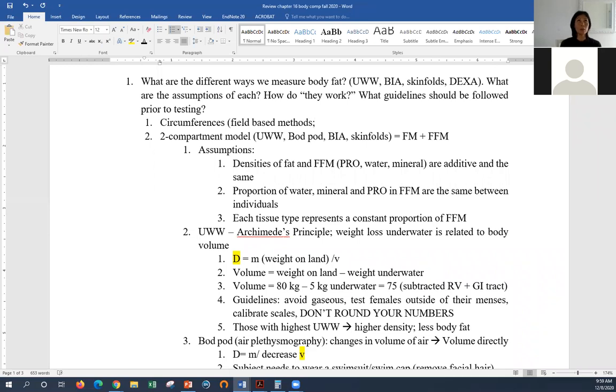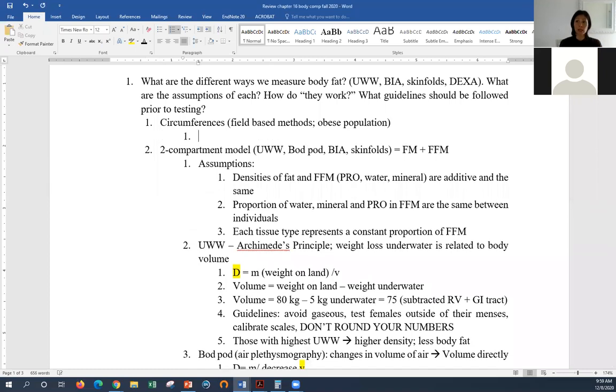And this is the recommended method for the obese population, just because they might not be able to submerge themselves underwater. Maybe they won't fit in the Bod Pod. Maybe their skinfold will not fit within the caliper. So anthropometrics is going to be the preferred methodology for the obese population.